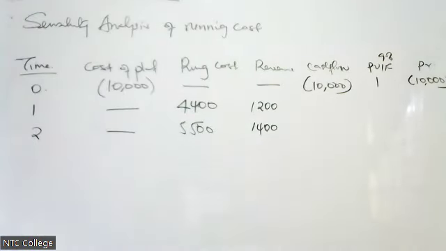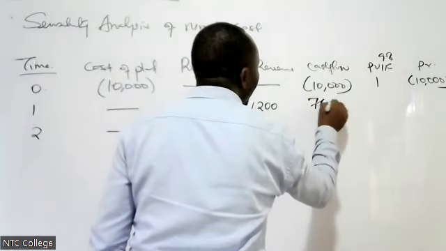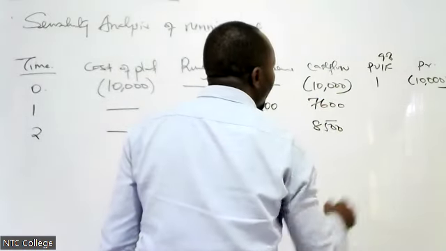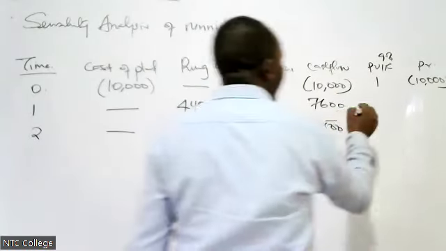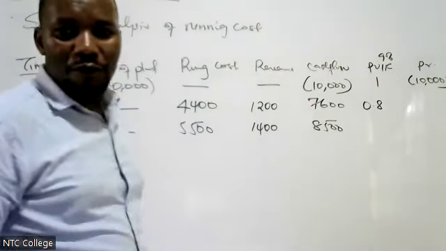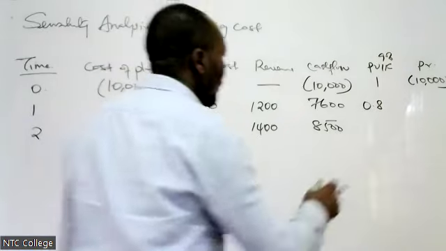So get me that one. This one is 7,600. This one is 8,500, right? So if it remains the same, what was it? 0.8. That one was 0.8. 0.9174.